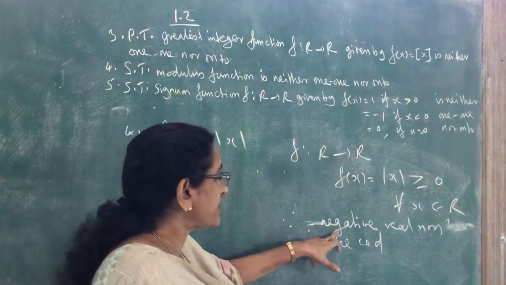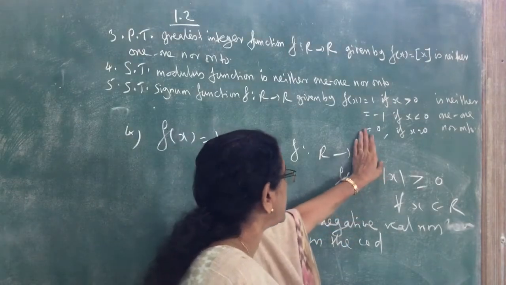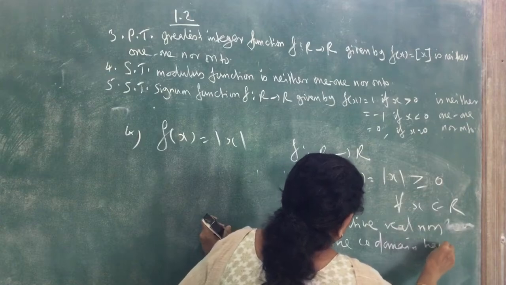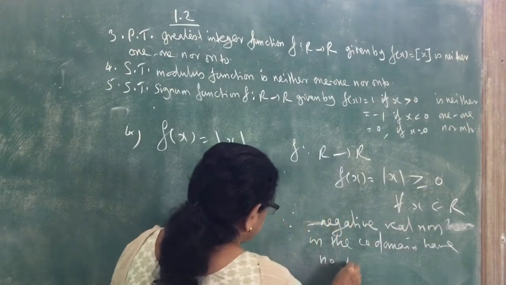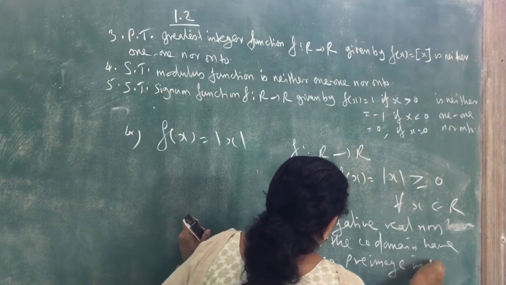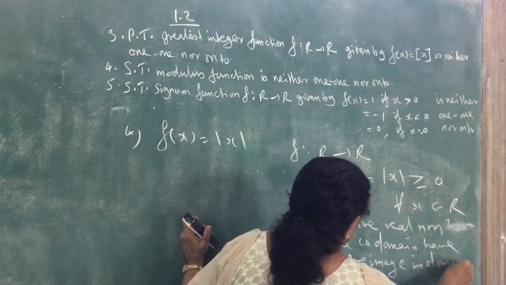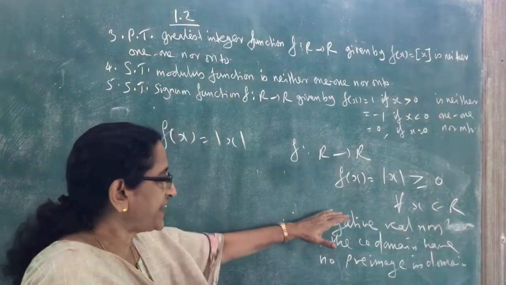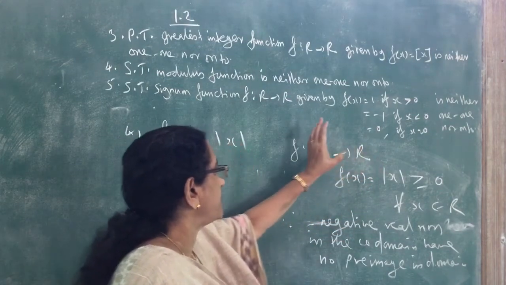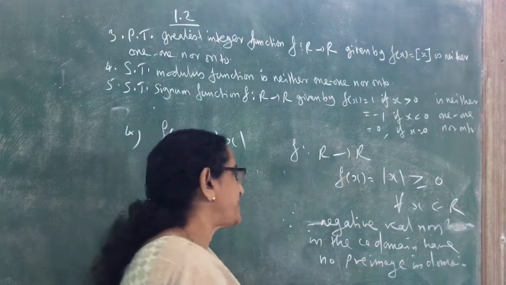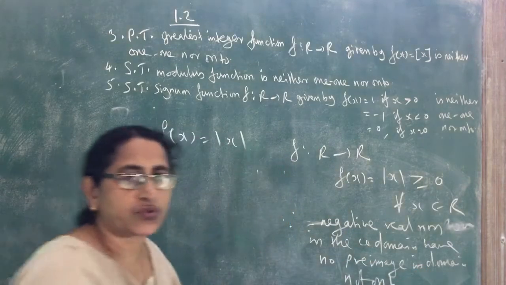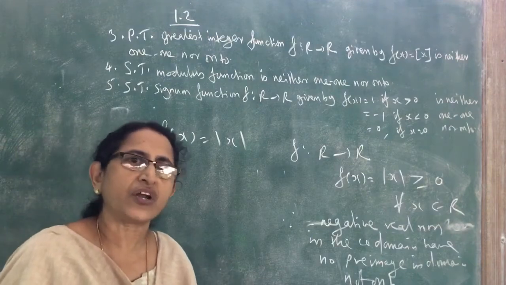So negative real numbers in the codomain have no preimage in the domain. Therefore, it is not onto. So we showed it is neither one-one nor onto.